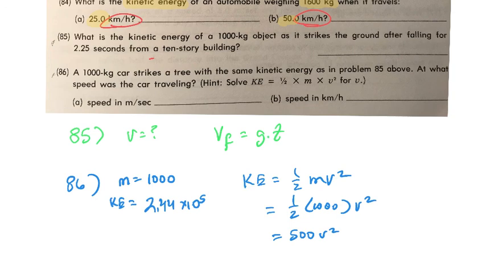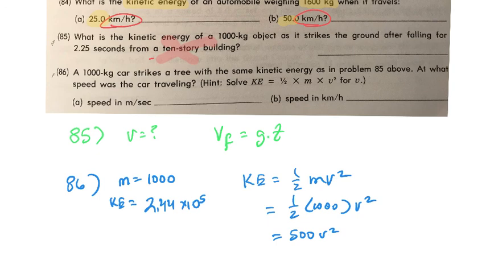All right, let's look at number 85. What is the kinetic energy of a 1,000 kilogram object? Okay, so that's easy. As it strikes the ground after falling for 2.25 seconds from a 10-story building. All right, so once again, they give us a piece of information that we do not need to know. We don't care. It doesn't matter that it's a 10-story building.